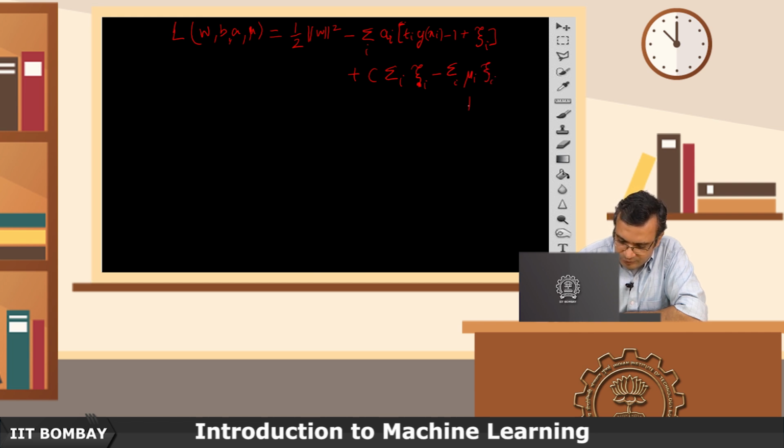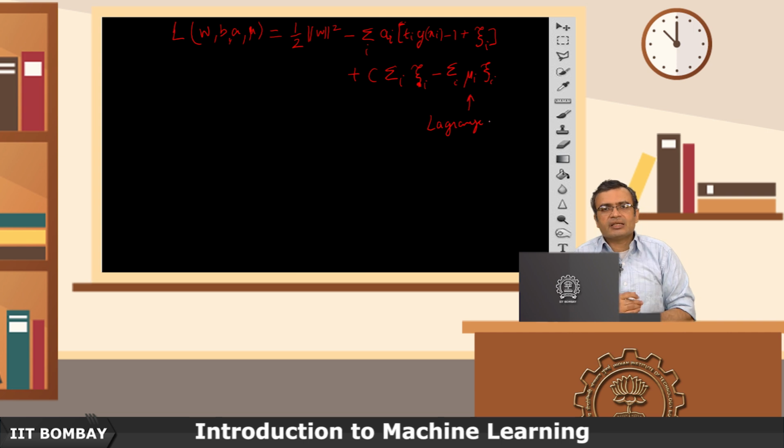So where does this come from? This is the Lagrange multiplier for the condition that each and every xi is greater than or equal to 0. And where does this C come from? This C comes from the trade-off between W and minimizing the xi's. This is like the lambda that we had for the hard SVM, so instead of lambda, we are saying it is going to be C here.